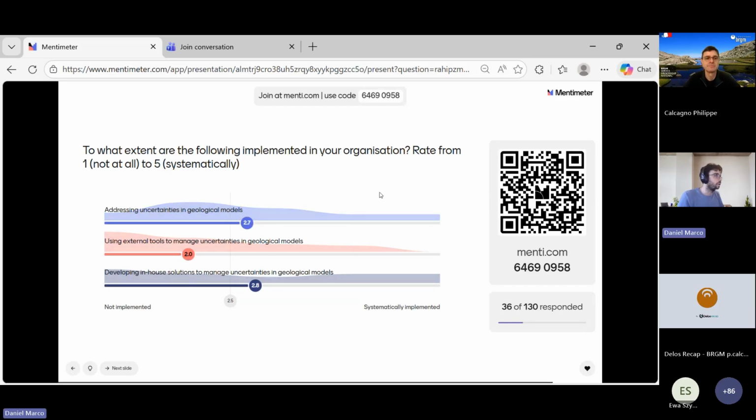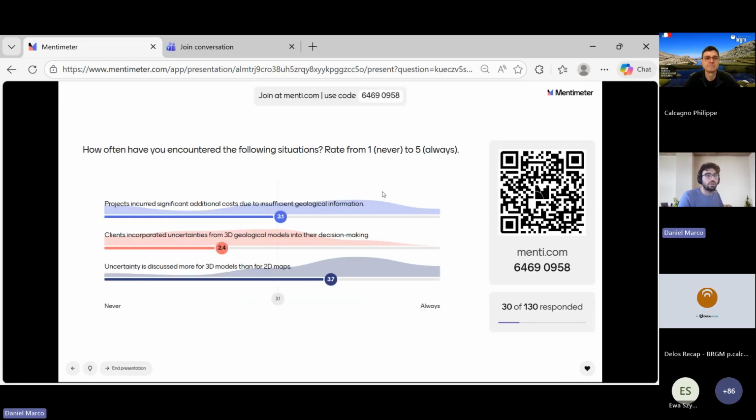Moving now to the next question that is related to encountered situations. How often have you encountered the following situations? The additional costs due to insufficient information are reported quite frequently.